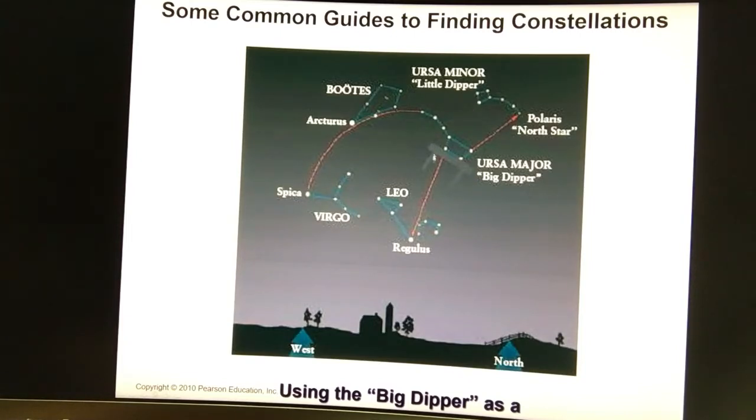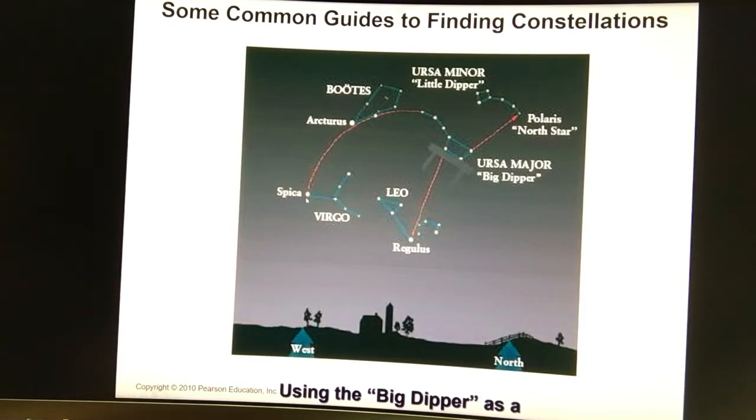Or if you go back to the Big Dipper here, if you connect these two stars, it's going to point towards Regulus, which is part of the Leo constellation. And if you go along this arch here, you're going to meet Arcturus, which is part of the Boötes constellation.